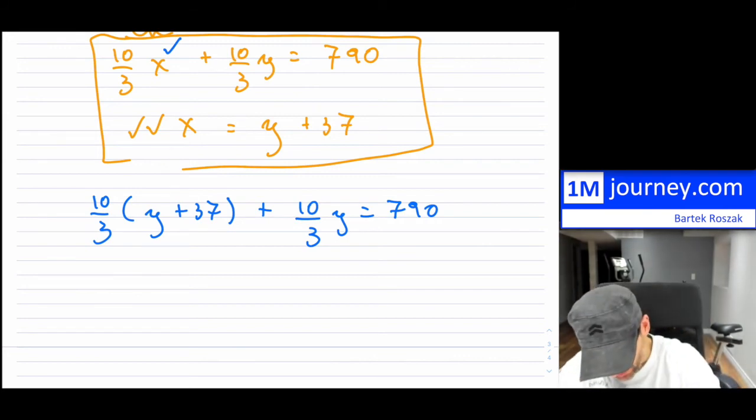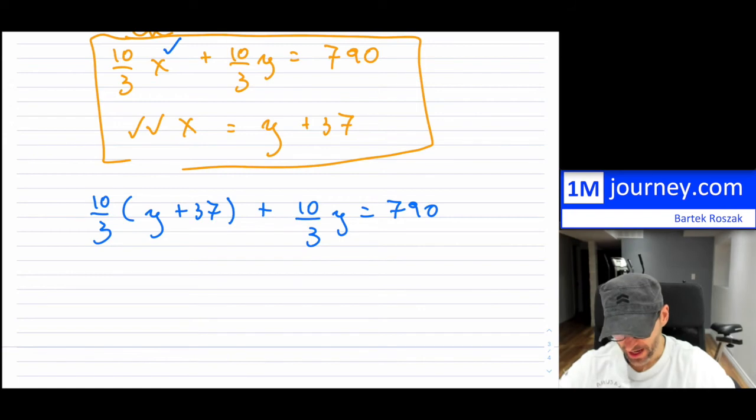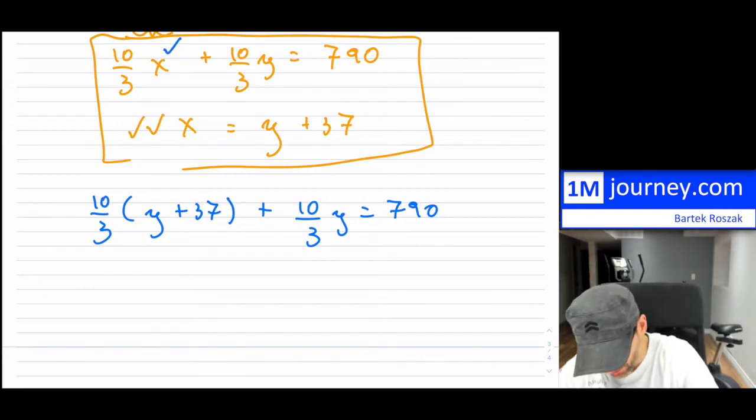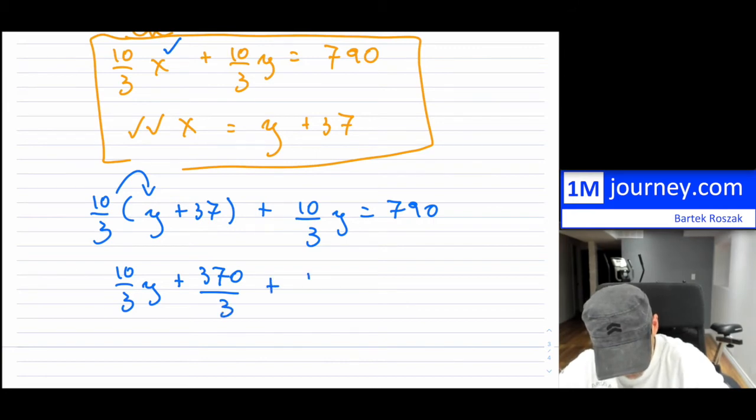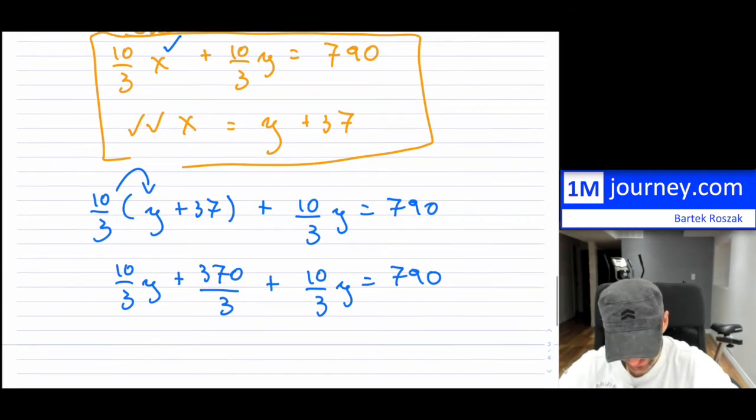So now we can bring this inside of the bracket. So 370 over 3 plus 10 over 3Y is equal to 790.